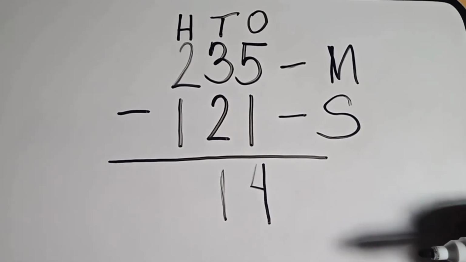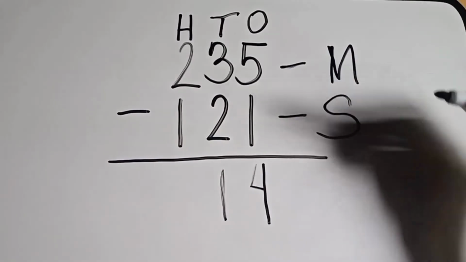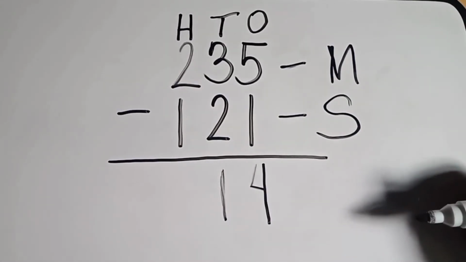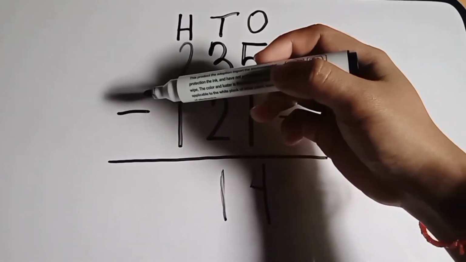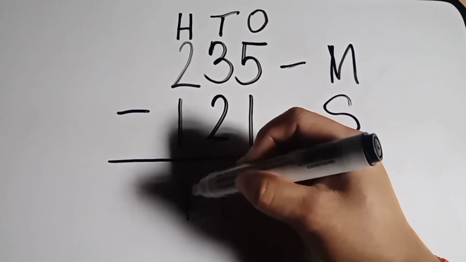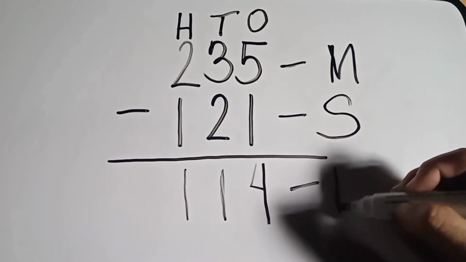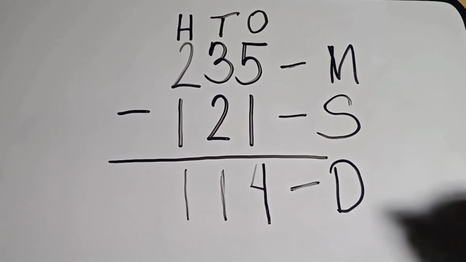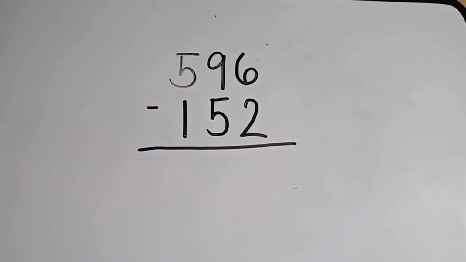Next, let's move on to the hundreds place. 2 minus 1, or 1 taken away from 2, the answer will be 1. So, 114 is our difference. 235 minus 121 is equal to 114.